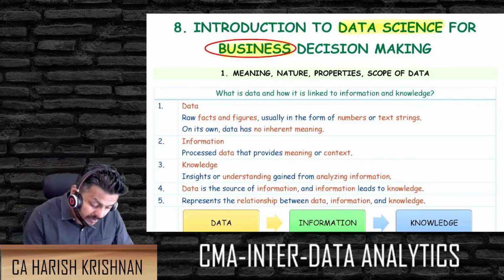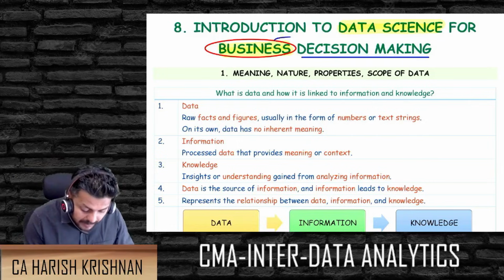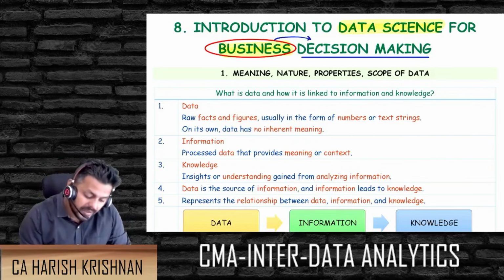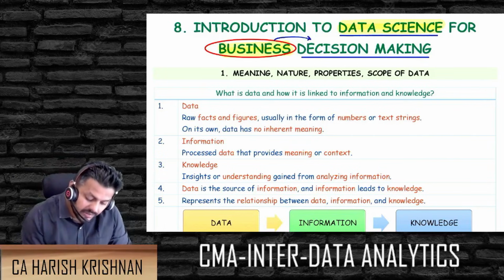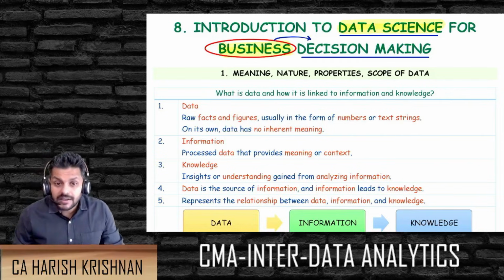One of the most important things that depends on data is the decision making aspect. So the introduction to data science is all about how you use this data to make various decisions.